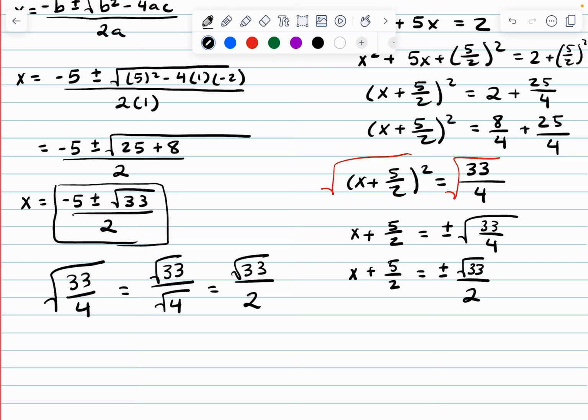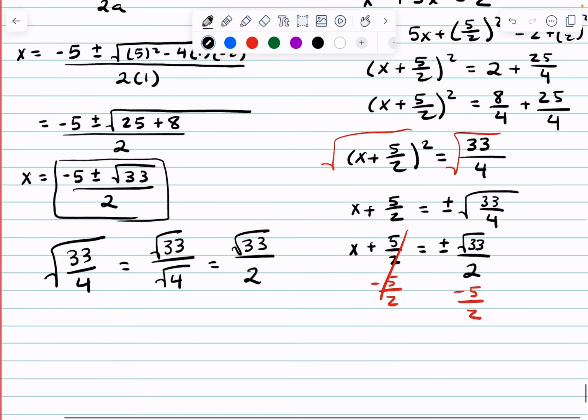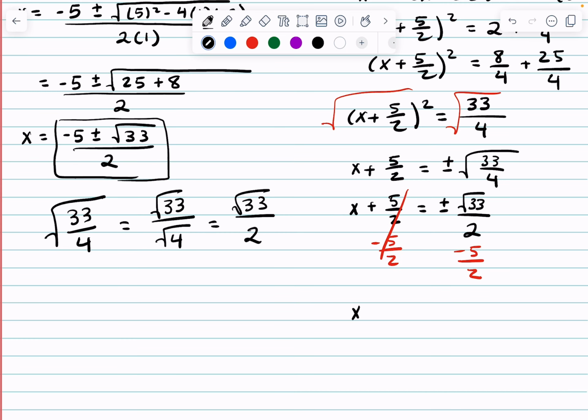And then I'm going to subtract 5 over 2 on both sides. And we get that x is equal to -5/2 plus or minus the square root of 33/2.